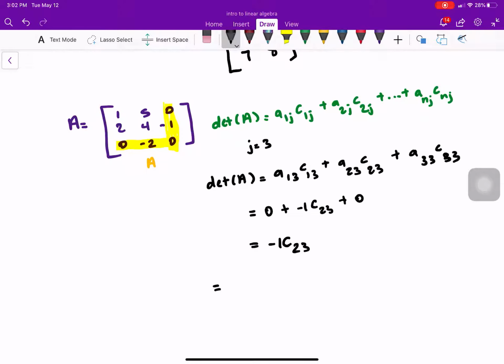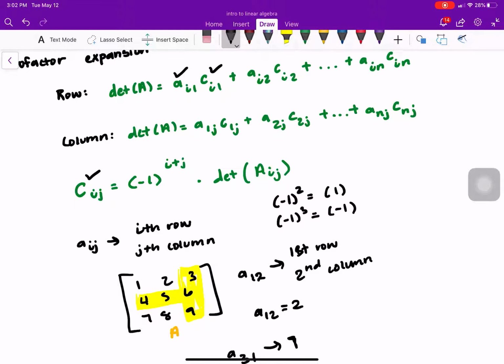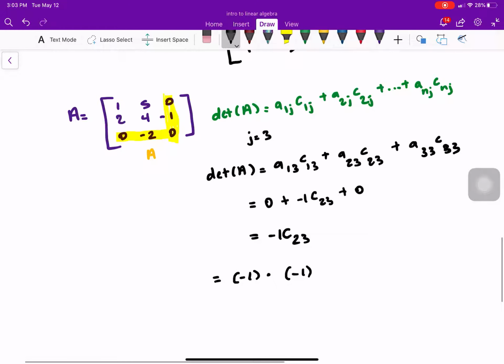This is equal to, remember, we have the formula right here, C23 is going to be equal to negative 1 to the 2 plus 3 times the determinant of A23.